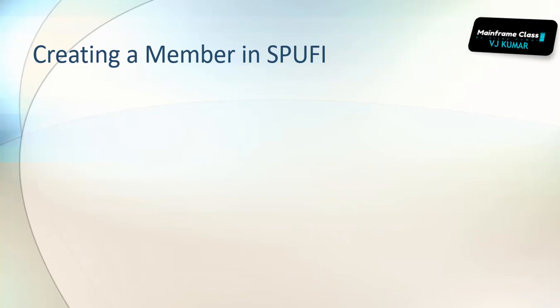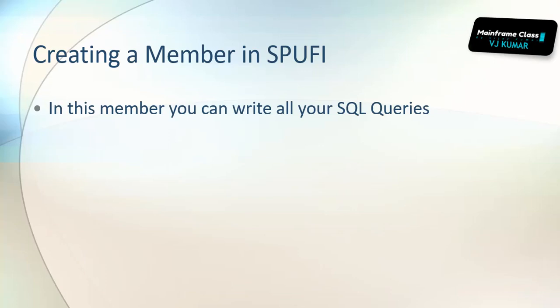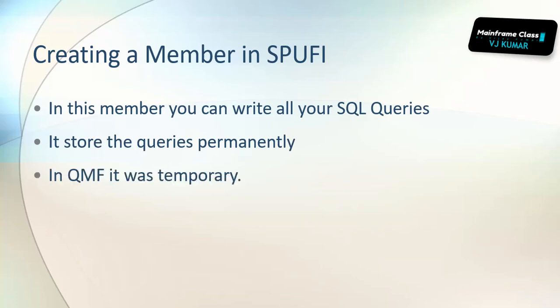Okay, now let's connect to SPUFI, that is DB2I, and create some member there where we can write our table creation, and then we'll follow on with other things. In this member you can write all the SQL queries, as I have shown you in the practical videos of SPUFI where you are practicing SQL queries. What is the difference between QMF and SPUFI?